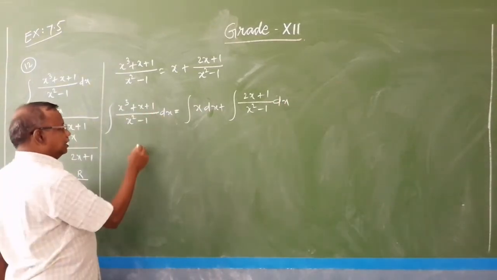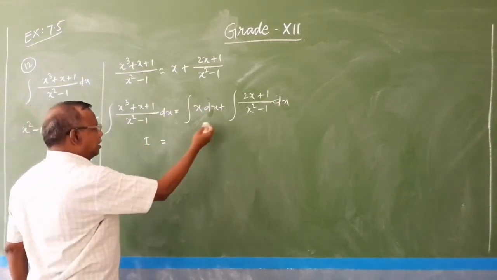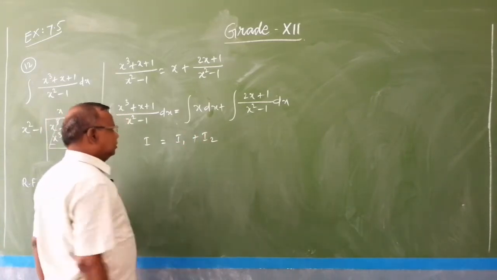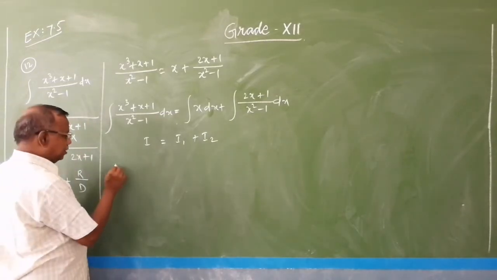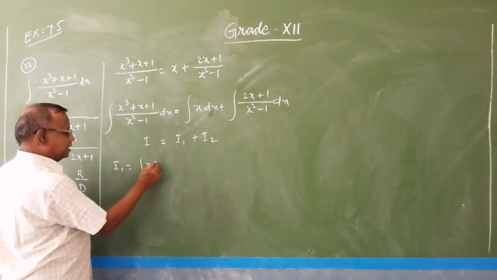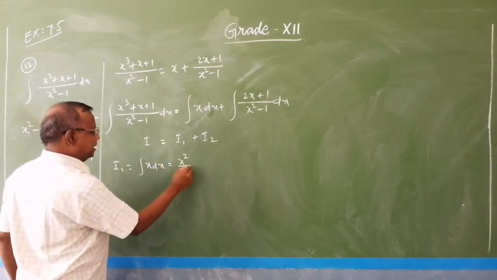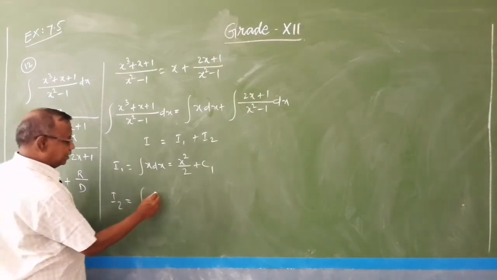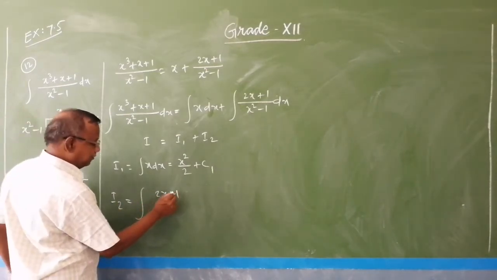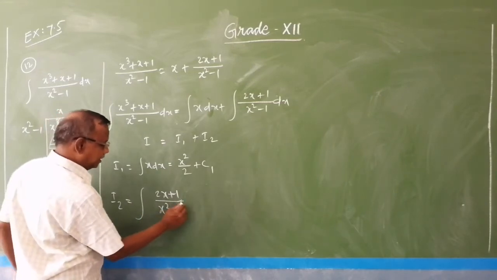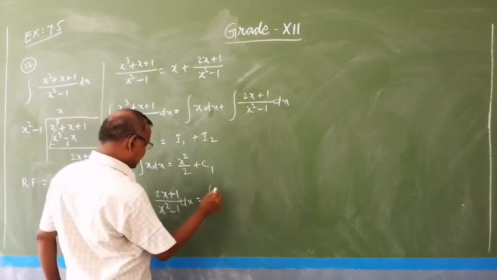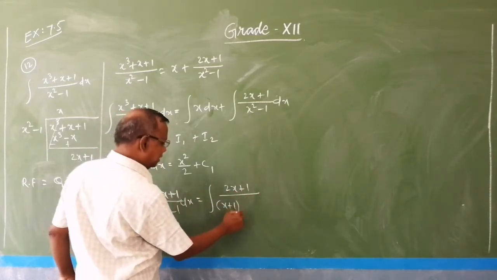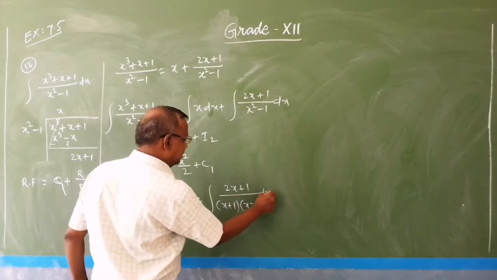Now treat the LHS as I, and the RHS is the sum of two integrals, I1 plus I2. Let us integrate separately. I1 equals the integral of x dx, which is x^2/2 plus C1, and I2 equals the integral of (2x+1) divided by (x^2-1) dx, which can be written as the integral of (2x+1) divided by (x+1)(x-1) dx.